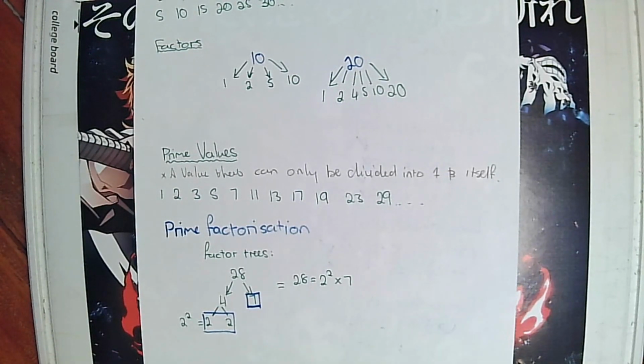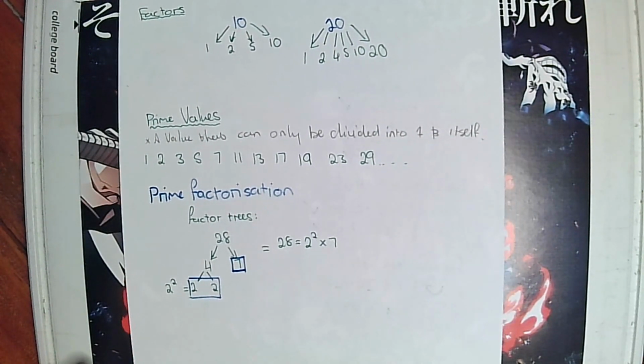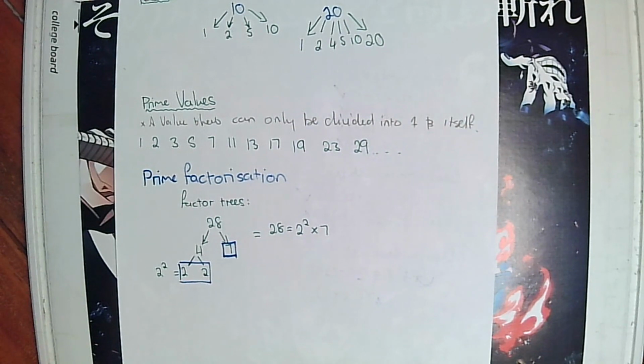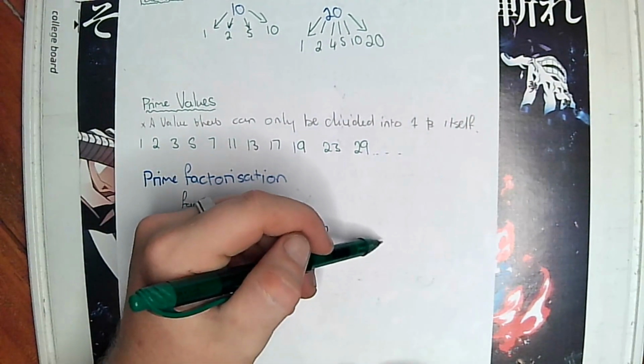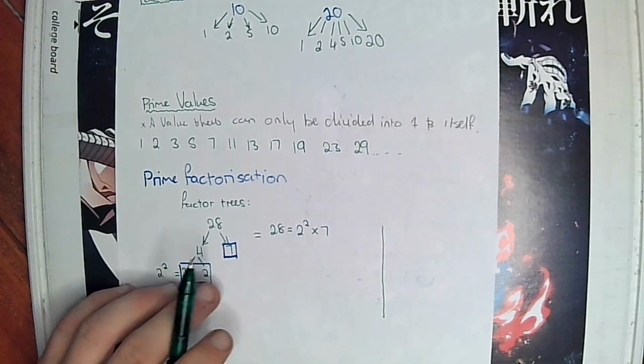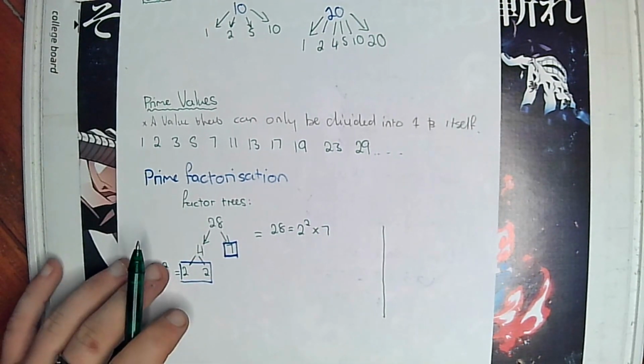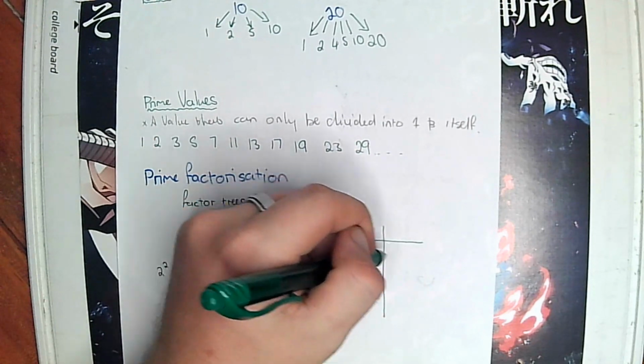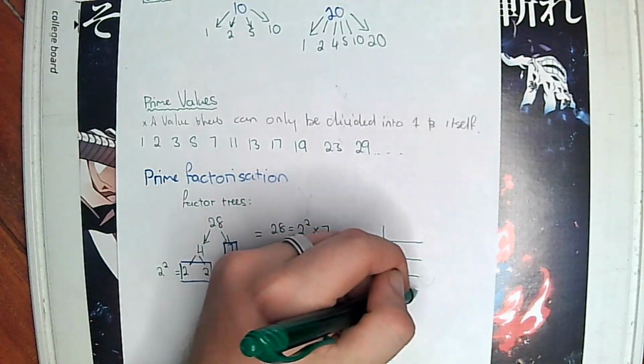Now, the method that I think you guys use most predominantly in school is the stem and leaf method. If you're allowed to use the factor tree, rather, it's a lot easier. The stem and leaf method is a bit more tricky.